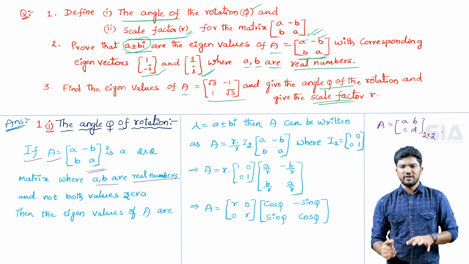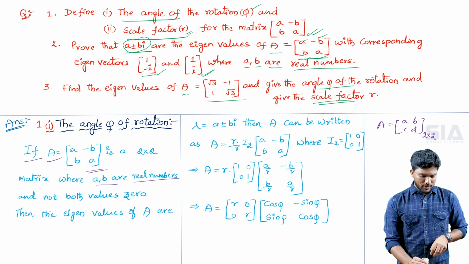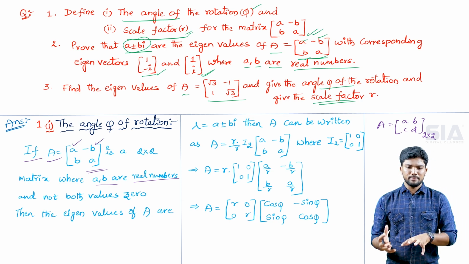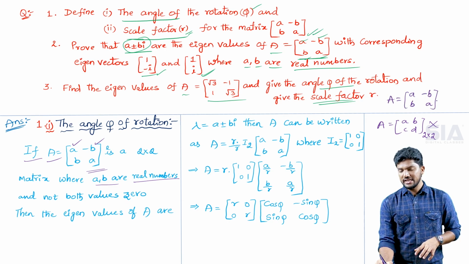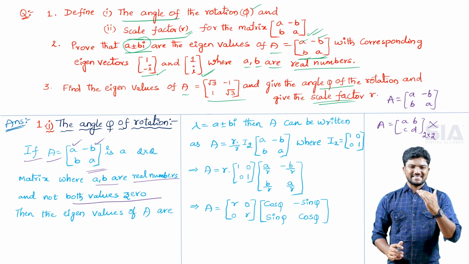But in our definition, we are especially denoting capital A in the particular form [a, -b; b, a], not in this format. So whenever you take capital A equal to [a, -b; b, a], these types of matrices, and not both values 0.